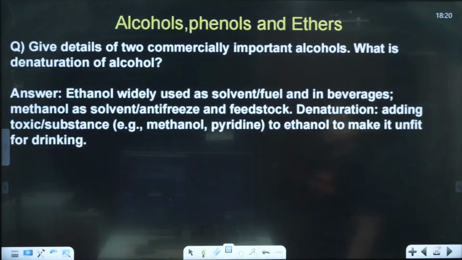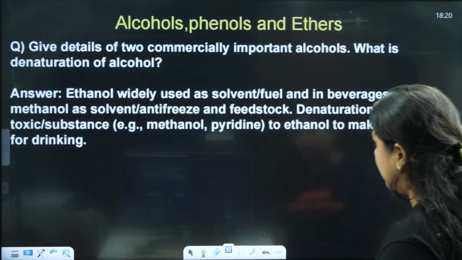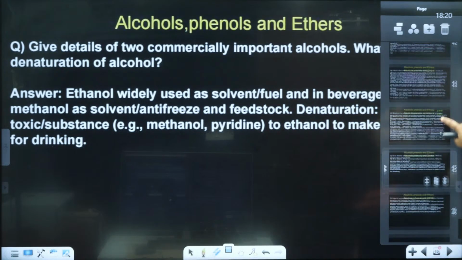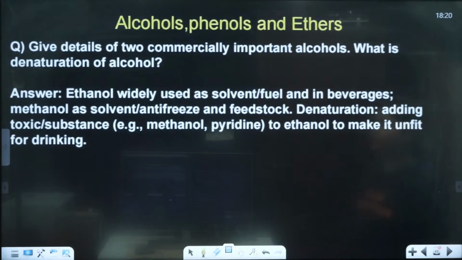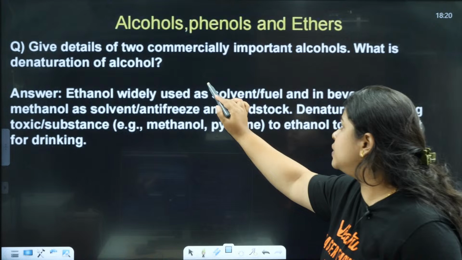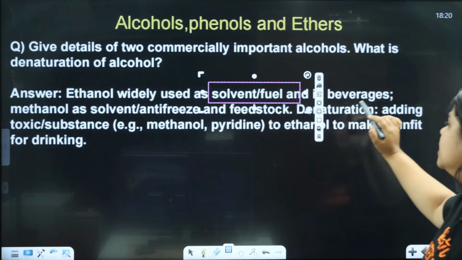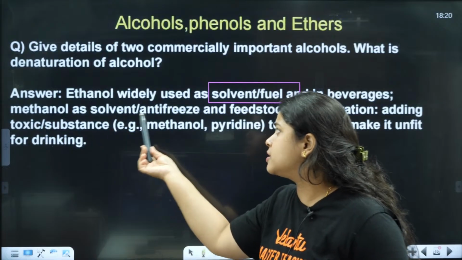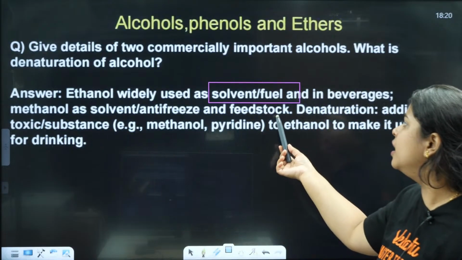Okay. Next, give the details of 2 commercially important alcohols. What is the denaturation of alcohol? Ethanol is widely used as a solvent, a fuel, and in beverages. Methanol is used as a solvent, antifreeze and feedstock.